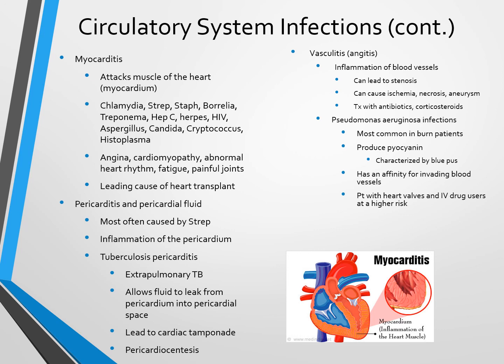What can happen here is that fluid, due to the infection, can leak out from the pericardium and become trapped between the heart muscle and the pericardium, and this eventually will cause a cardiac tamponade, because the pericardium can only expand so much in that space. And so eventually that fluid is going to start pushing back on the heart, and the heart's not going to be able to beat properly.